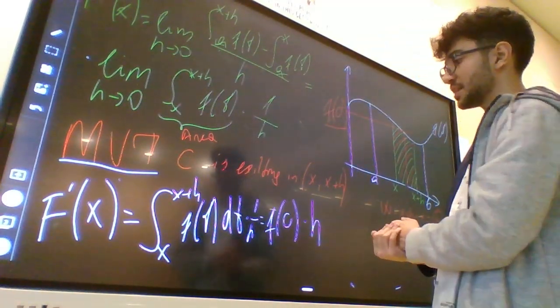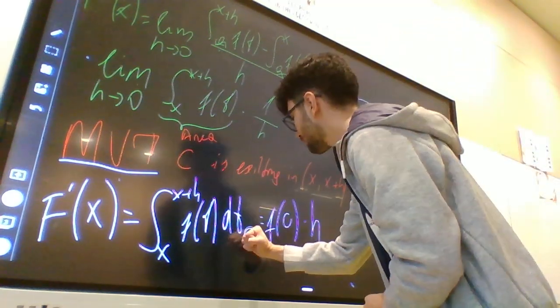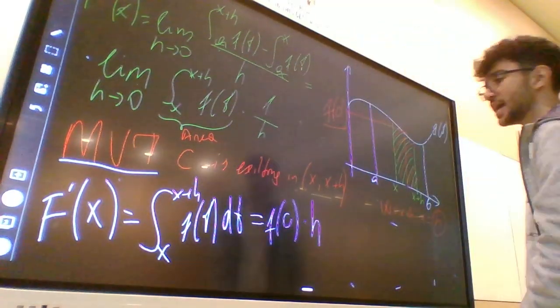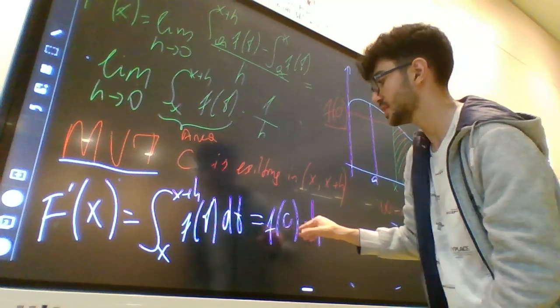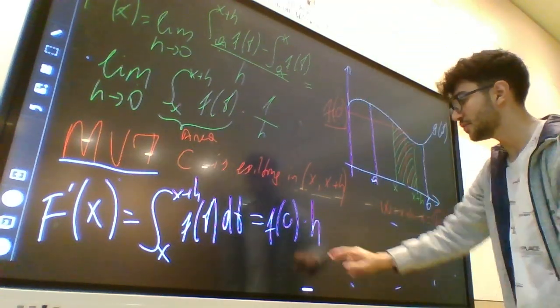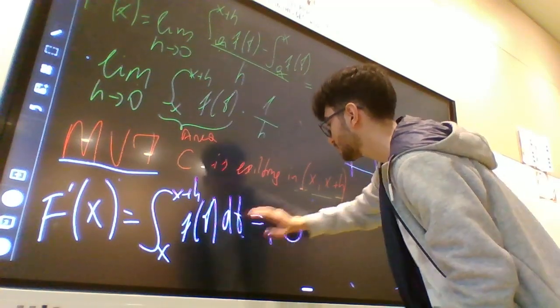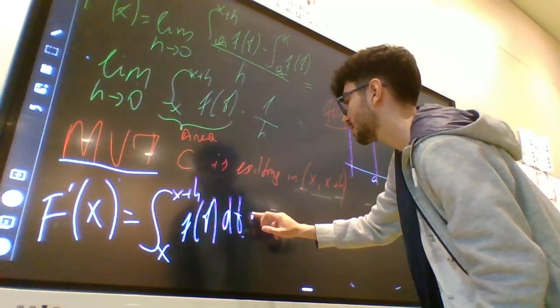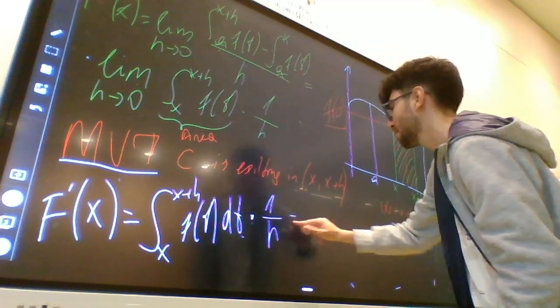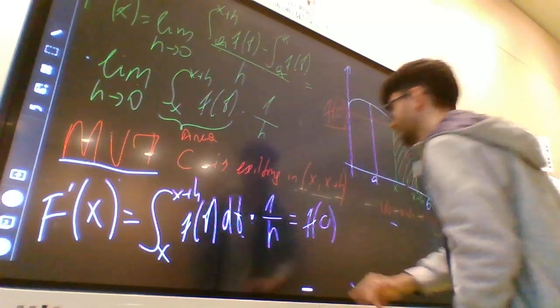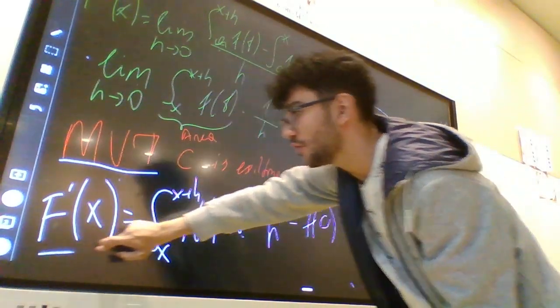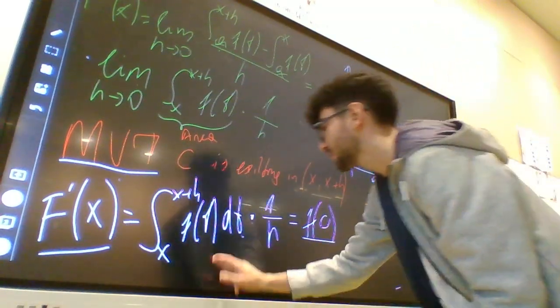And actually, from now, you can simplify these two sides, yes? Divide by h on both sides. What will you get? You get 1 over h multiplied by f(c). You got that the derivative of F(x) is equal to f(c).